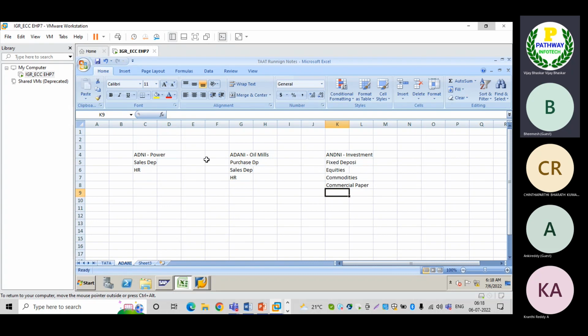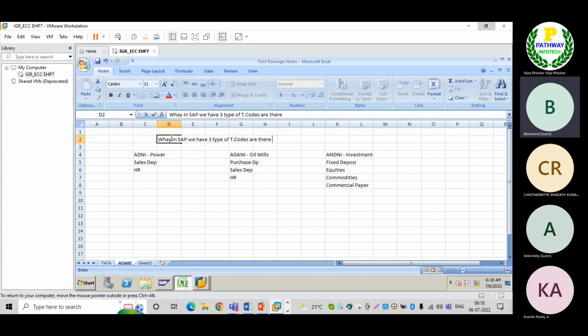Now the topic we are discussing is why SAP has three types of transaction codes to create the GL accounts.